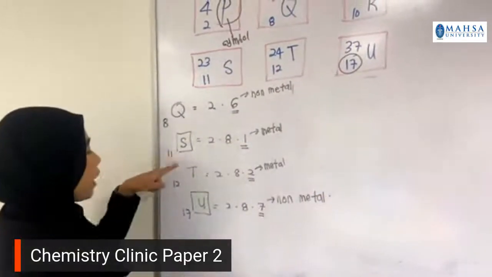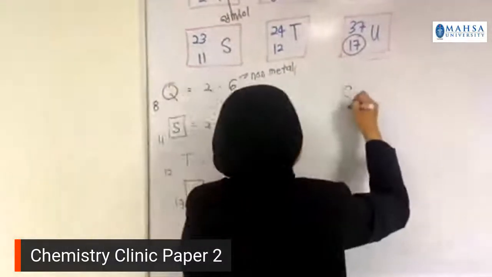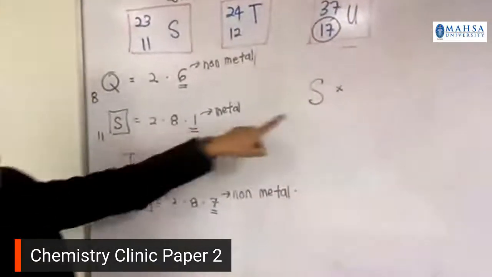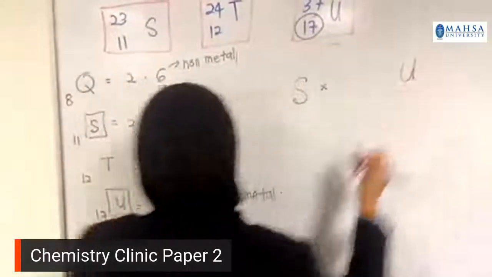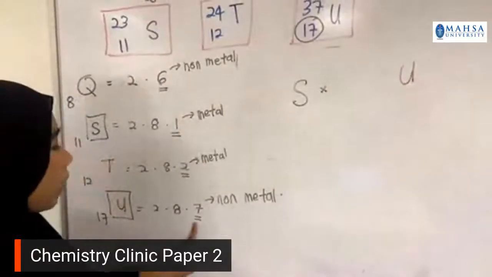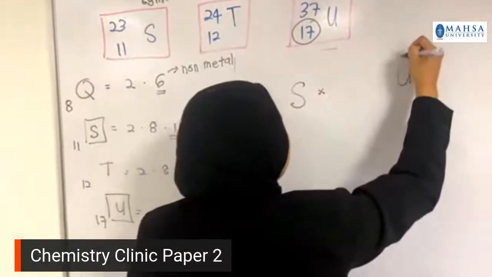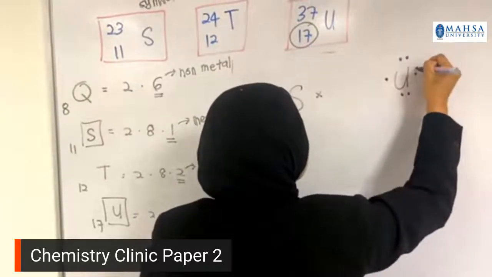So I have S and then I have U. This S is going to have one valence electron, so I make it a cross. And then this U, how many valence electrons do I have? I have 7. So if this one I already made a cross, this one I make it dot. 1, 2, 3, 4, 5, 6, 7.